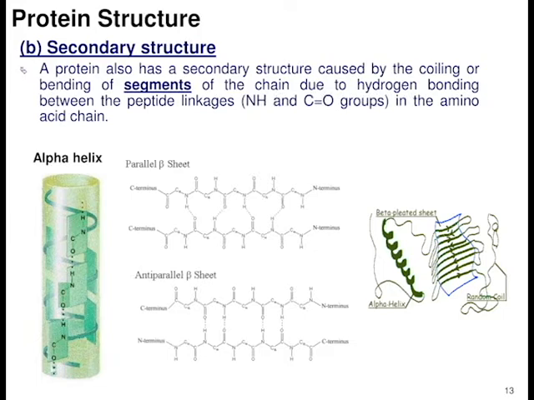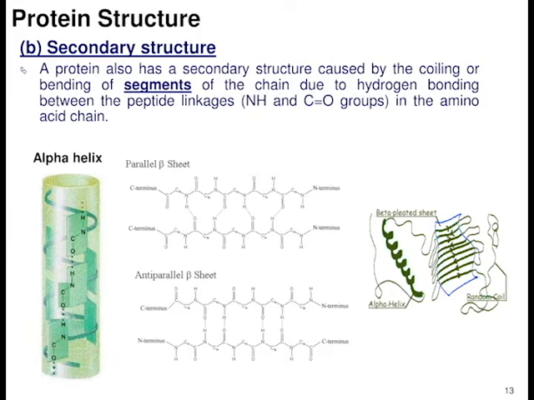One of them is the alpha helix, and the other is the beta pleated sheet. Look at the structure here. This is the alpha helix, and this is the beta pleated sheet. It can be parallel, which means NNCC, or anti-parallel, NCNC.